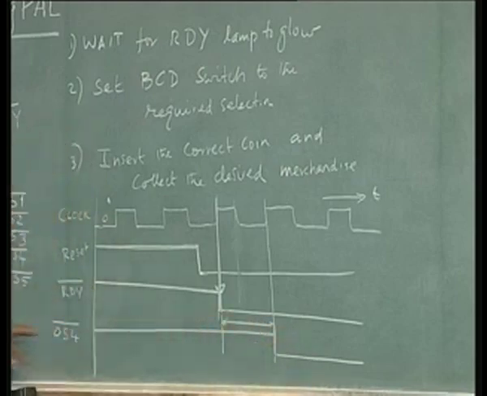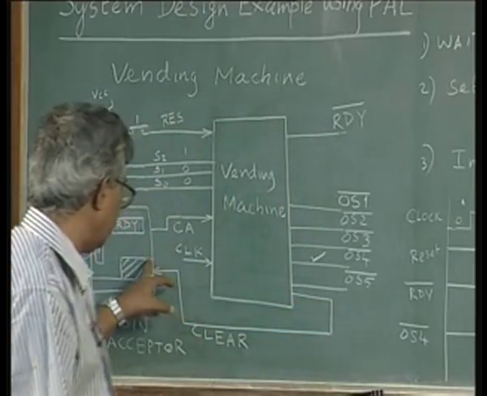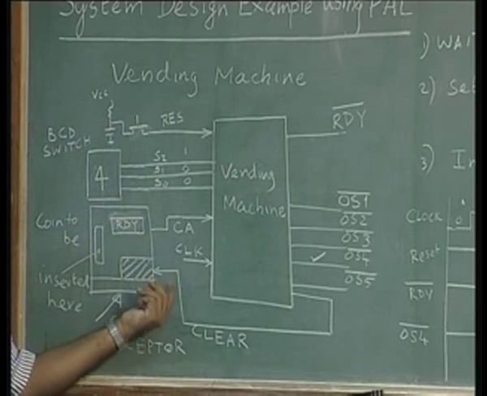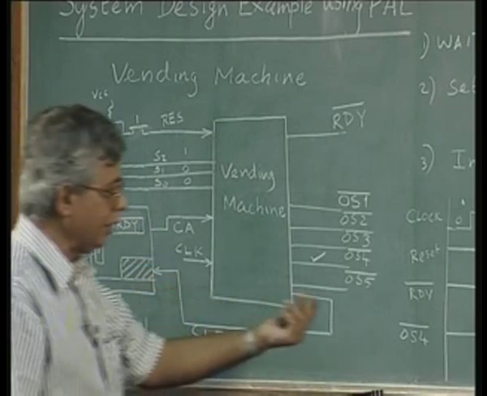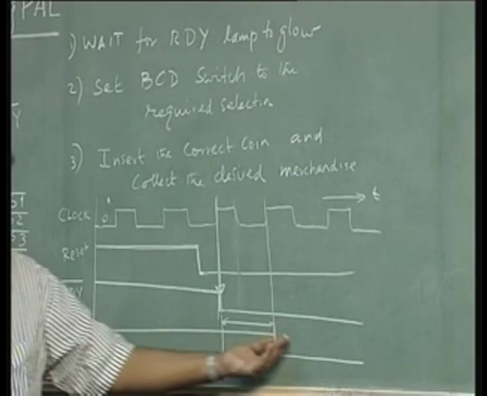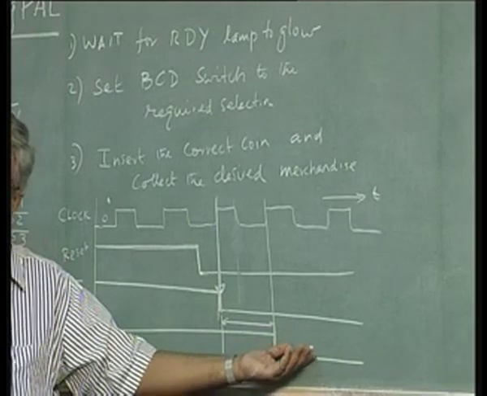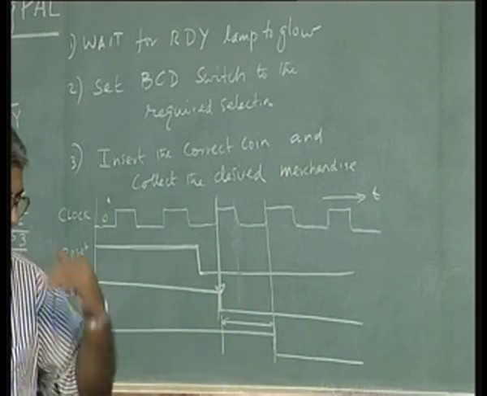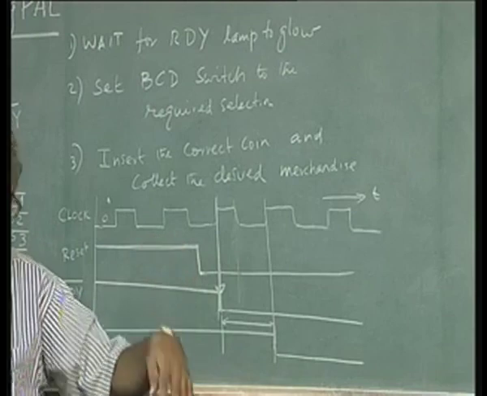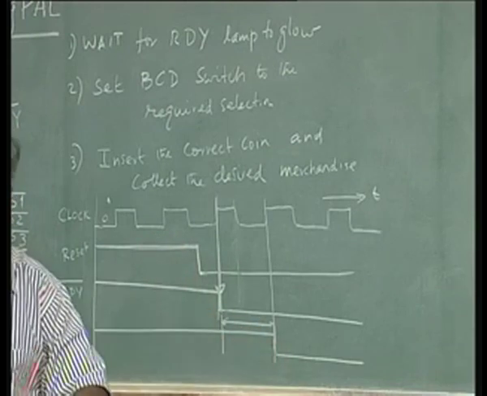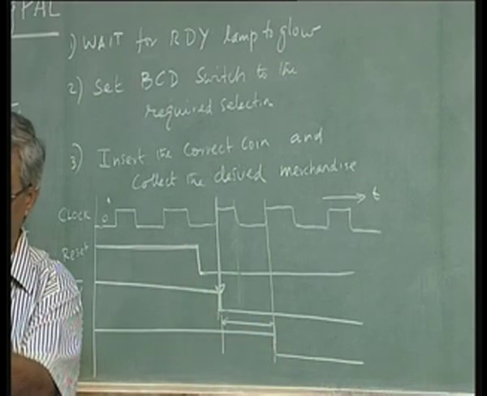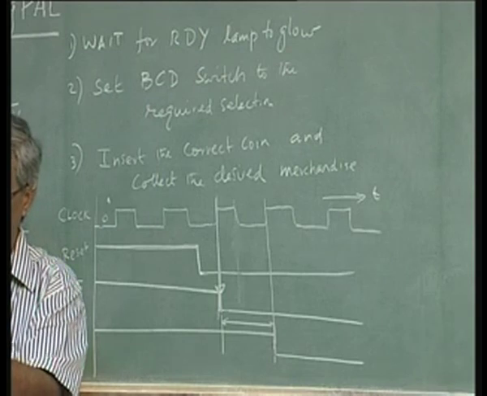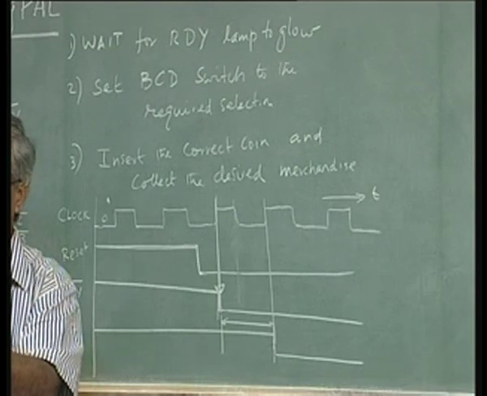And at the same time the clear signal will come and clear it. There is no way you can find out whether you have taken the merchandise, but the can of soft drink or the candy bar is in the tray now. It has been released from the mechanical holder and has already fallen in the tray.